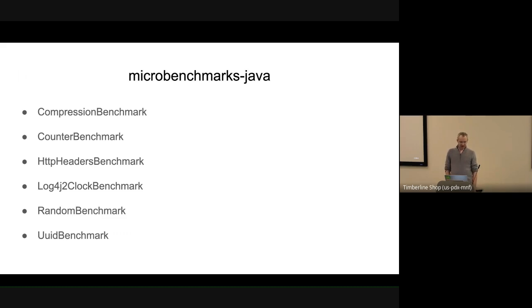And then I have an HTTP header benchmark where I'm actually testing Zuul headers, but I'm also testing other header implementations from other open source projects. The Netty project has its own header class. The Spring framework team has their own header class. So I wrote a benchmark that compares Zuul headers against Netty headers against Spring headers.